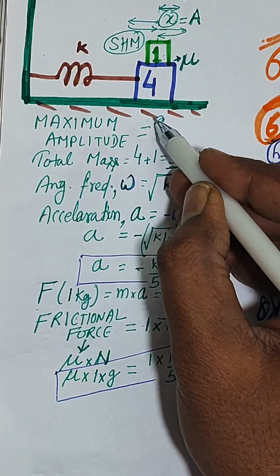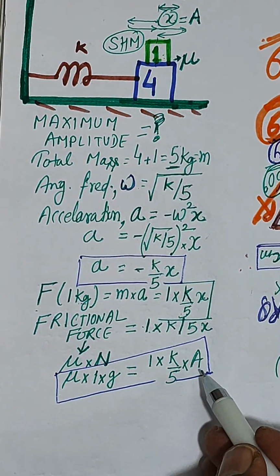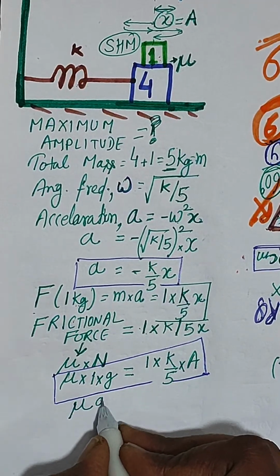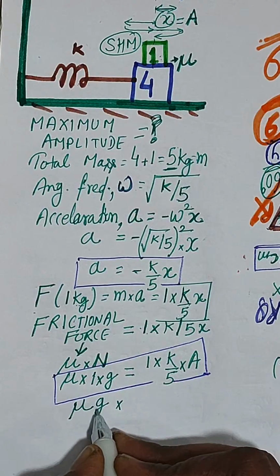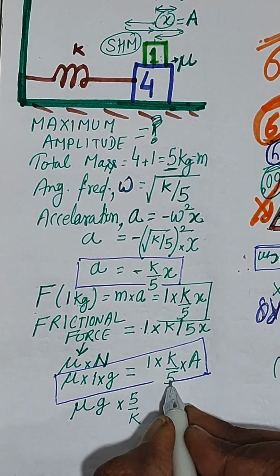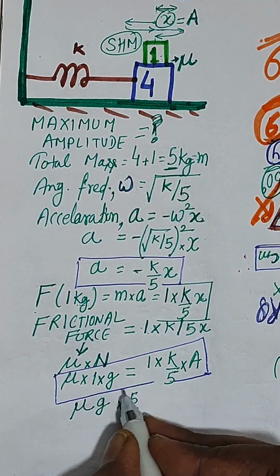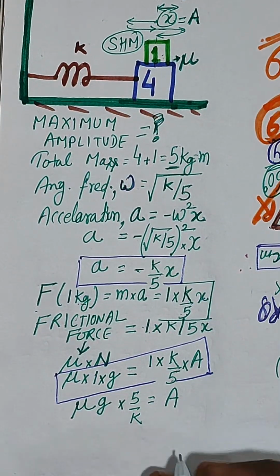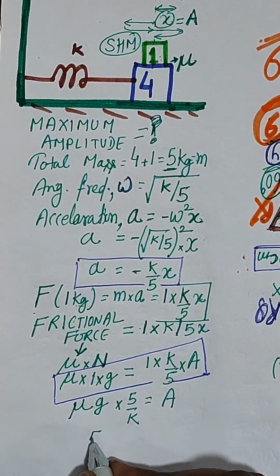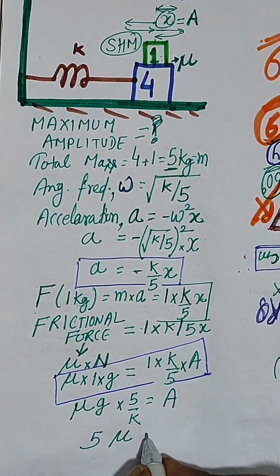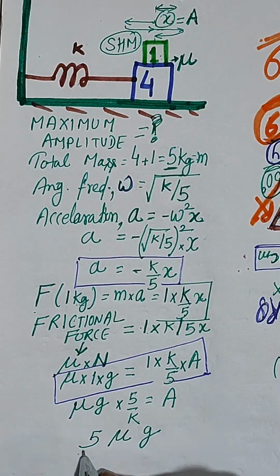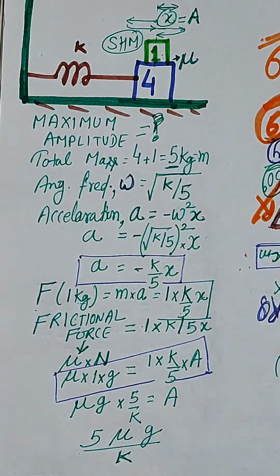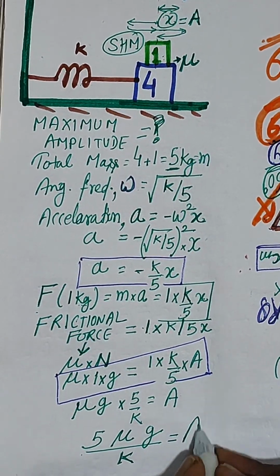So the maximum amplitude is A. From here we can write mu g into 5 by k, with 5 going to the LHS and k coming to the LHS, is equal to A. So this will give you the value 5 times mu times g divided by k. 5 mu g by k is the value of A.